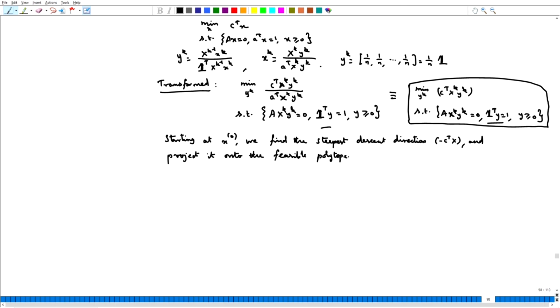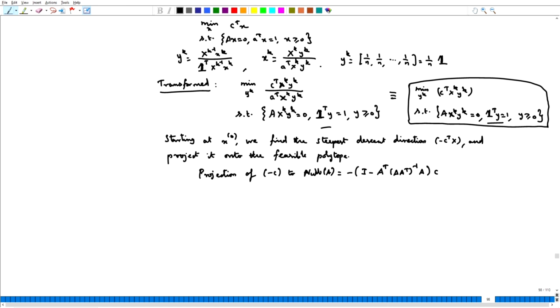Fine. So, if you recall, the projection of minus C onto the null space of A, right. So, let us write that down. Projection of minus C to null space of A is minus of I minus A transpose inverse A into C. So, it is actually this into minus C, but both are the same.